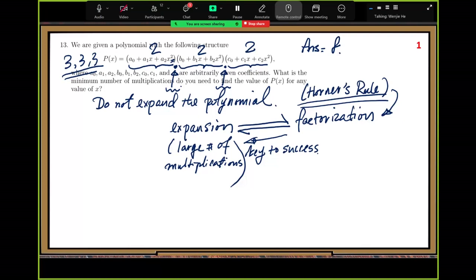So that's the right way, and that's the reason we get 8: 2 plus 2 plus 2, and plus the last round, another 2. So you get 8. That's this question.